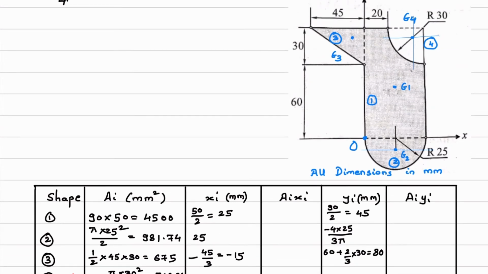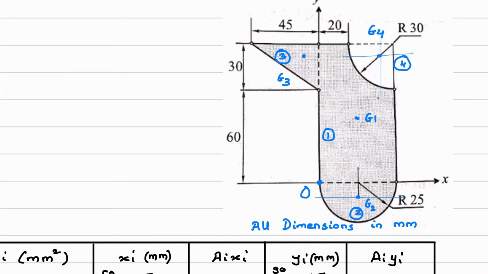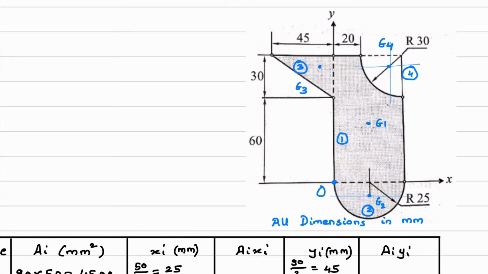Next geometry is quarter circle. What is X distance of G4 from point O? Origin is over here, and if you see this total distance of rectangle, it is 25 plus 25. So this total distance is 50. Now this is the center of that quarter circle, and if you consider centroid, this distance will be 4r upon 3 pi, and this distance will be 4r upon 3 pi.